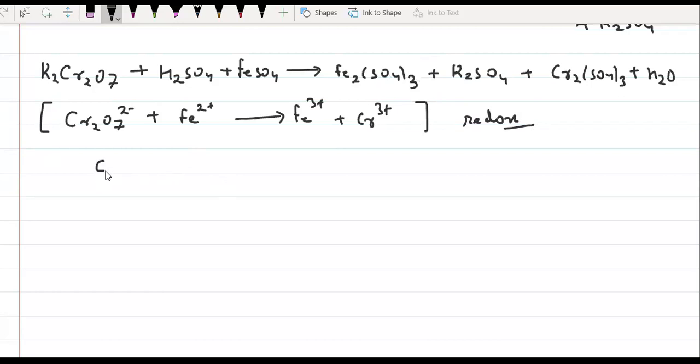Now, if you see this, Cr2O7 2-. Very good, Akshay, Abhiram, correct, both of you.